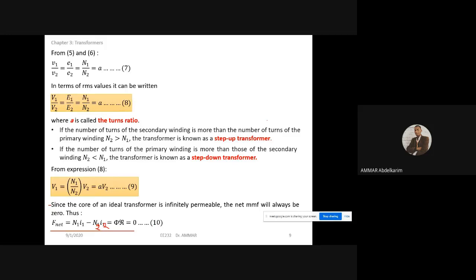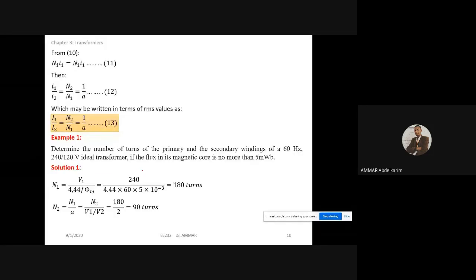Using this expression, from equation 10 we have N1 times I1 equals N2 times I2.